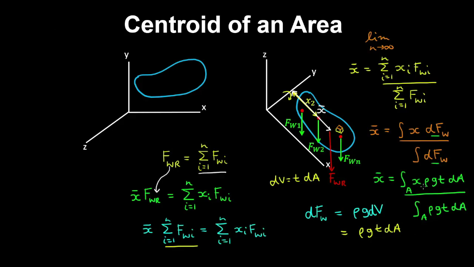And as we said, for a body with a uniform density and a uniform thickness and a uniform gravitational field, we can take these out of the integral and cancel them. And therefore, our expression for the centroid is the integral over the area, and we're integrating x over dA, and that's divided by the integral over the area of the body.